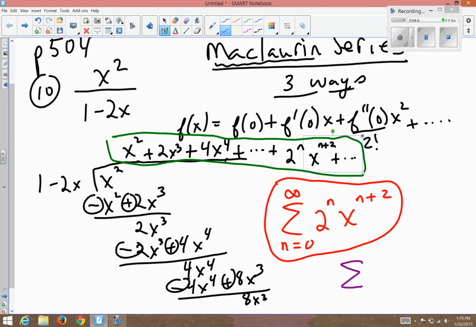Subtract 1 from each of these exponents. Make it 2 to the n minus 1, x to the n plus 1. But then instead of starting at 0, the n would start at 1, and then go to 2, 3, 4. See, this also generates the exact same terms that are inside the green.